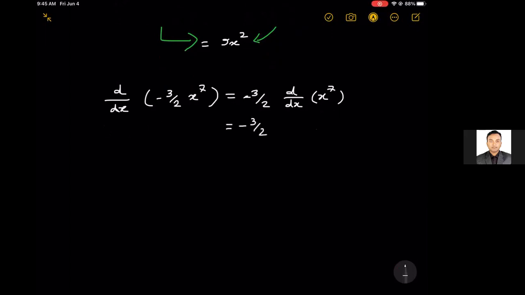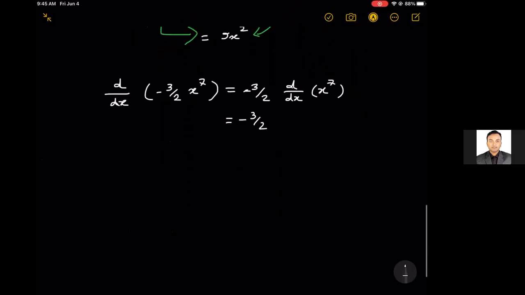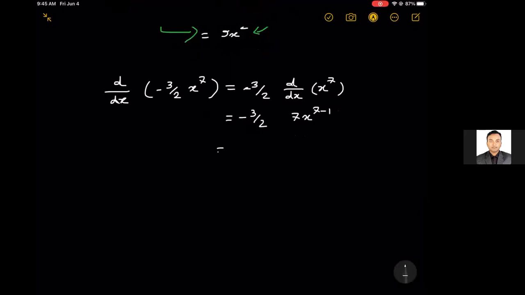Using the power rule, theorem 3.2, I believe, or 3.3, we can find the derivative of x to the 7, which is n x to the n minus 1, where n is 7. If we simplify it, we get 3 times 7, which is 21, and x to the 6.